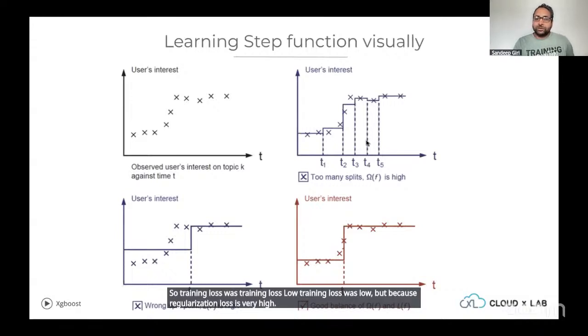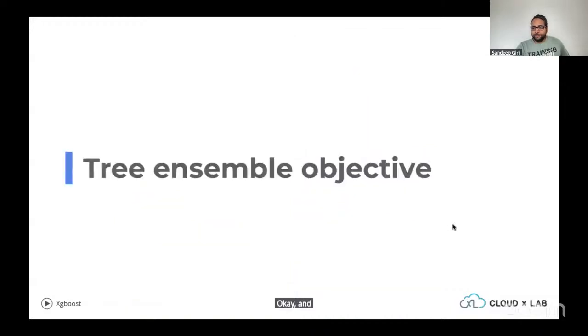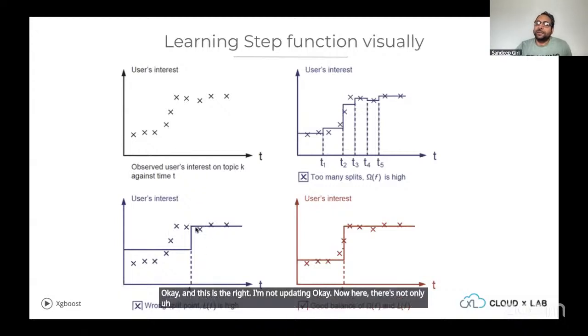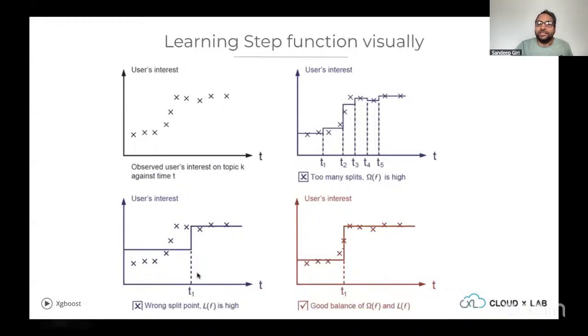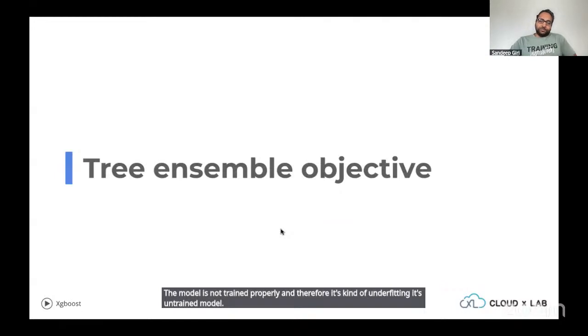So this is overfitting, and this is underfitting. And this is the right amount of fitting. Here the model is absolutely untrained, not trained properly, and therefore it's underfitting.